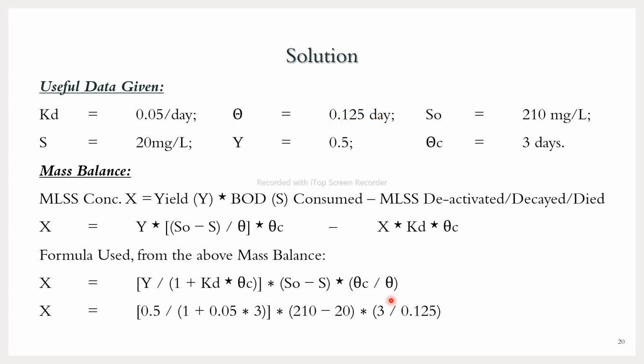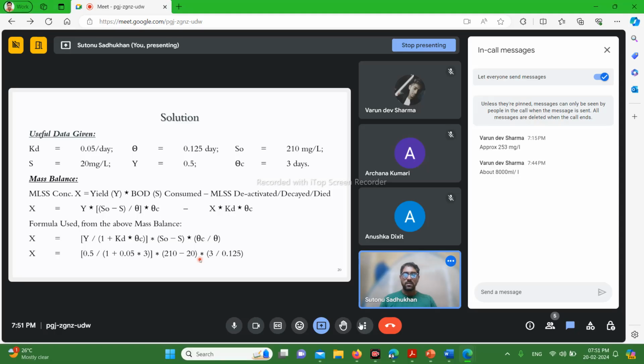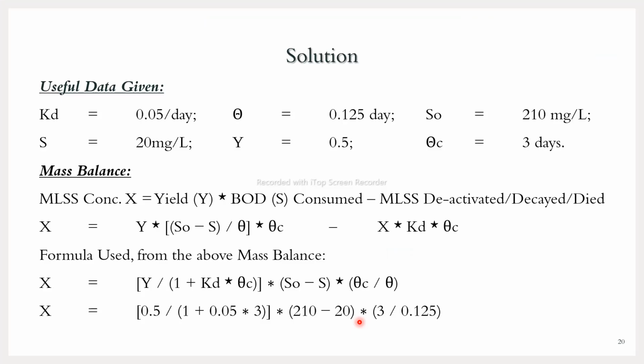So this is utilized for calculating the ratio theta c divided by theta, that means 3 divided by 0.125, whole into the difference, that is the food that is consumed, or BOD that is decreased. It is your 210 minus 20. So after calculation, it gives you X as 1982.6 milligram per liter. That is 1983.